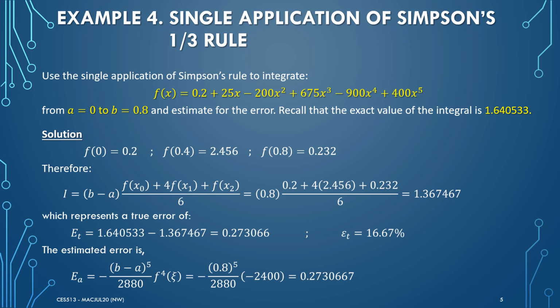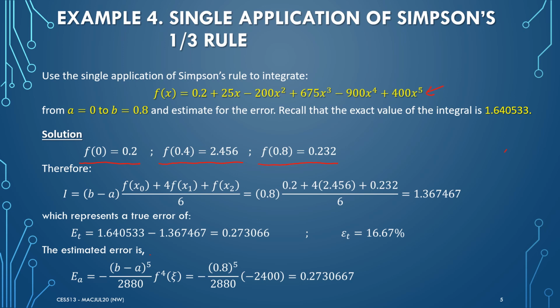So for the solution, we will substitute the value of x into this equation. Okay, so when x equal to 0, f(x) equal to 0.2, and when x equal to 0.4, then f(x) equal to 2.456, and 0.232 when x equal to 0.8.